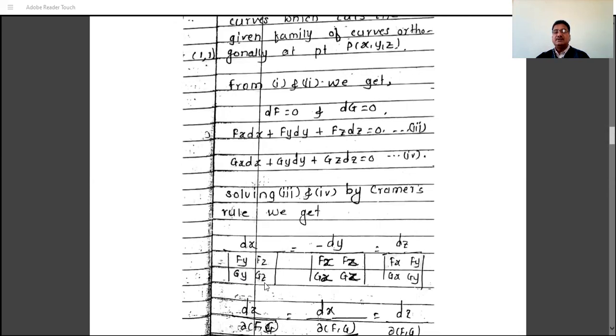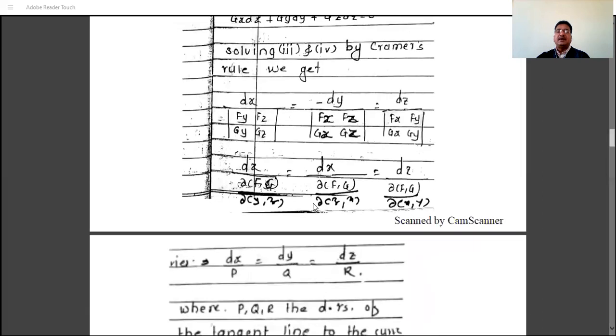minus dy divided by the determinant f_x f_z g_x g_z, and dz divided by the determinant f_x f_y g_x g_y.